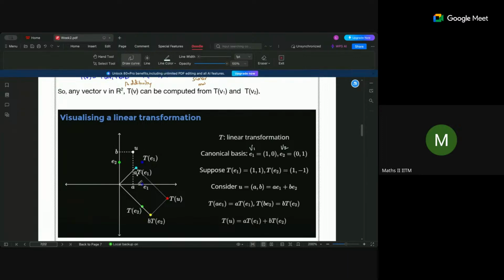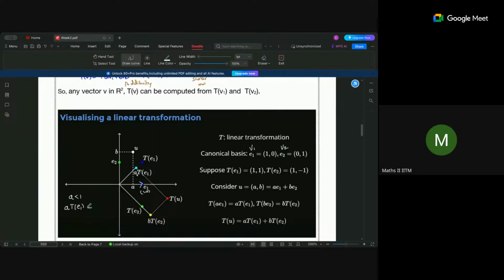You see that this is the point 1 comma 0 and your A is lying here. Can you tell whether A is less than 1 or greater than 1? Less than 1, right? If A is less than 1, what happens to A times TE1?